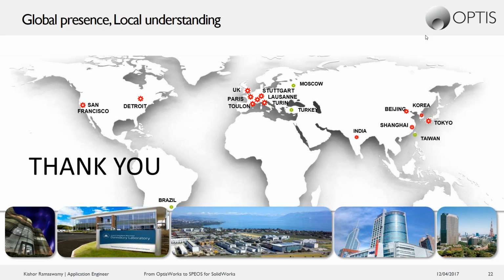Sorry, the SPEOS for SOLIDWORKS is compatible with 2015, 2016, and 2017. So I would recommend staying at SOLIDWORKS 2016 until you are fully ready to move on to the SPEOS for SOLIDWORKS platform.